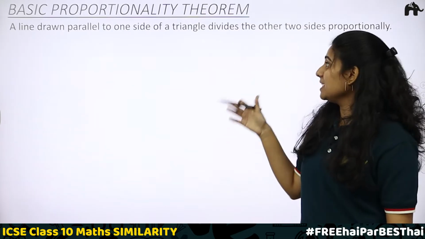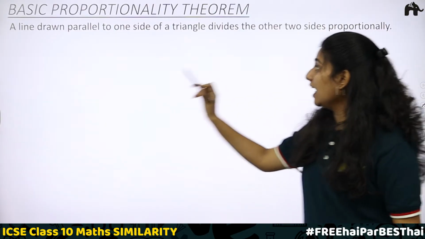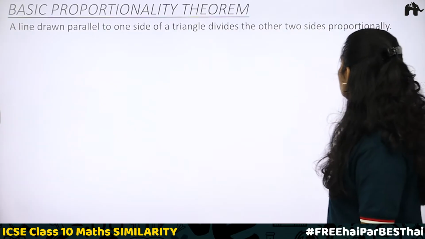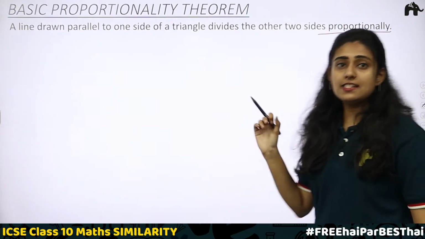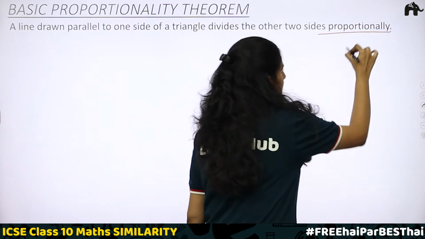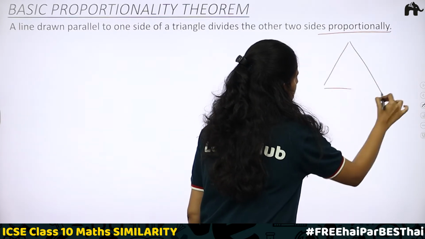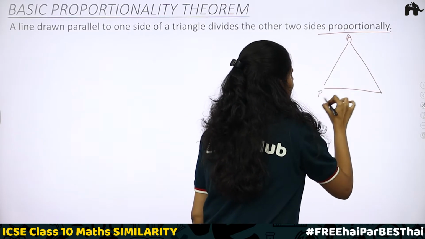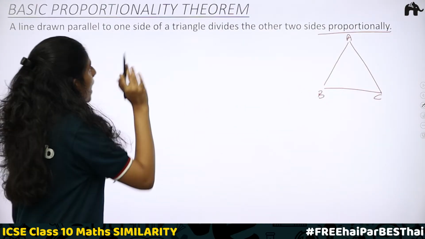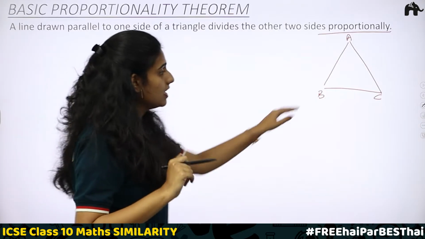Here we have the basic proportionality theorem. A line drawn parallel to one side of a triangle divides the other two sides proportionally. This is the basic proportionality theorem statement. We will consider a triangle ABC. Here we need a line that is parallel to one side of the triangle.